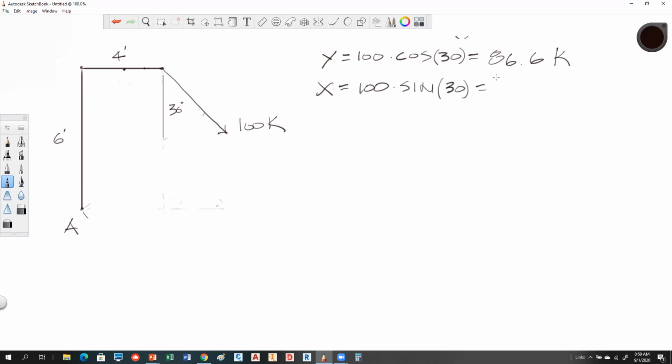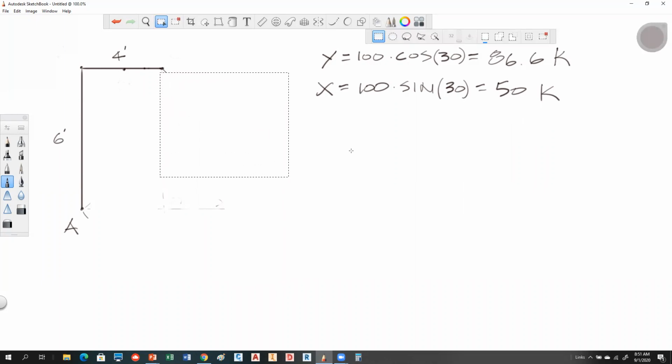So if we take the sine of 30 times 100, that gives me 50 kips. Okay, so all I simply did was take this vector and break it down into its two components. So I'm going to get rid of this vector and use the replacements for that, so I can make this easier.